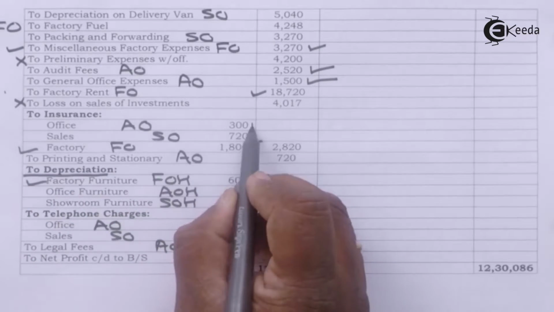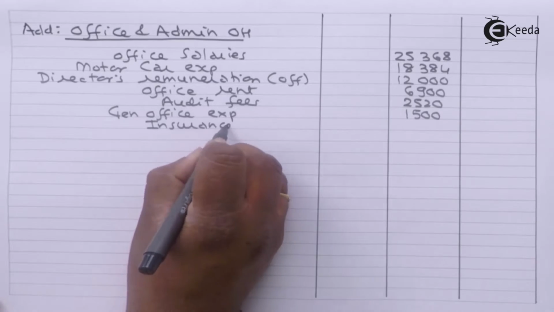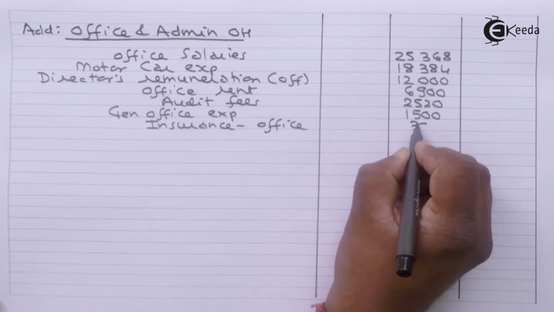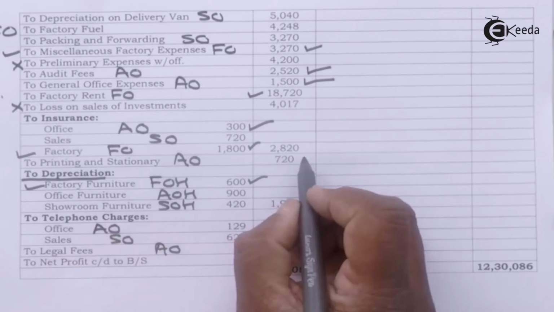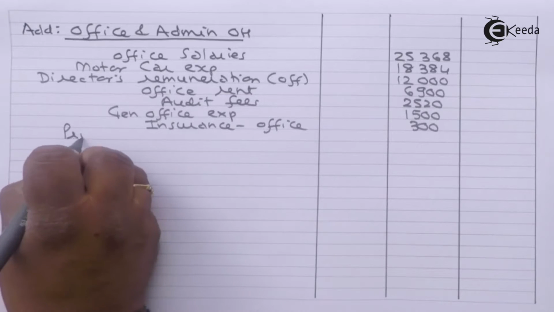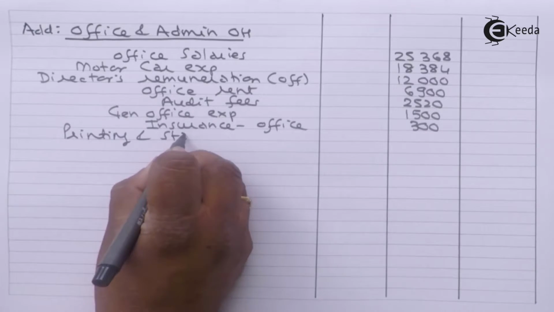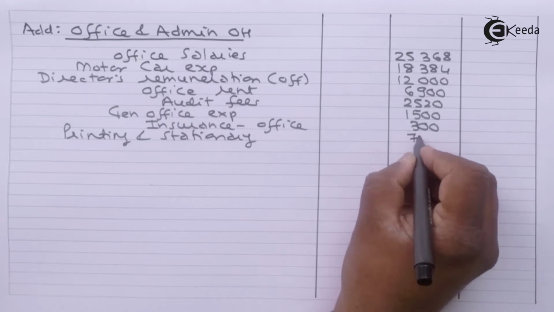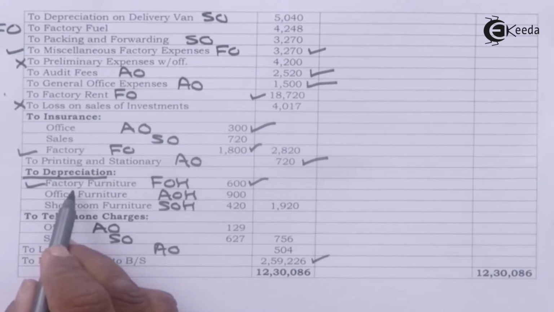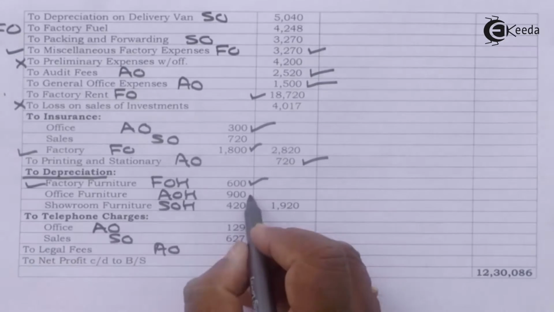Insurance office 300. Printing and stationery 720. Depreciation on office furniture 900.